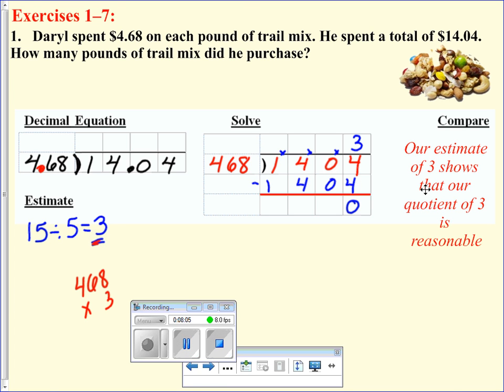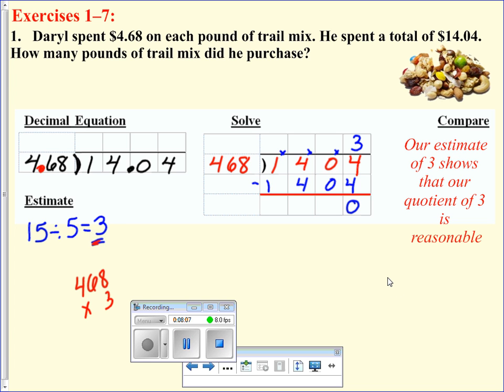So we can write a sentence here that shows our estimate of 3 shows that our quotient of 3 is reasonable. Take advantage of that estimating that you did to make sure that your answer is in the right place value at least. And a single digit is my estimate. I have a single digit as my quotient. So the answer would be, he bought about 3 pounds of trail mix.